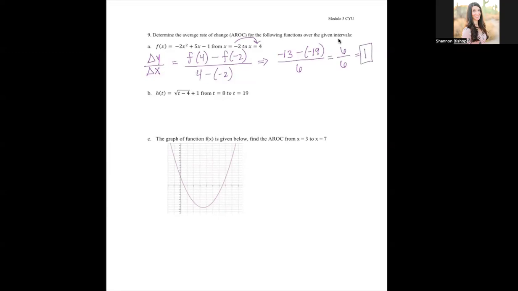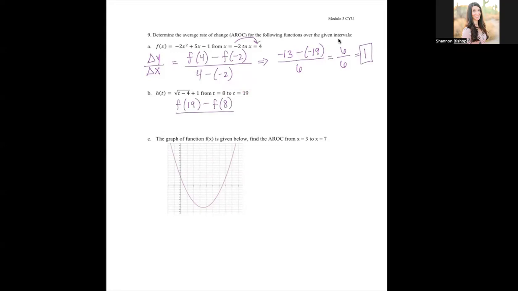For part B, we have a new function. So same thing, I need to figure out the function value, the output value at the ending point, which is 19, minus the function value at the beginning or reference point, which is 8. And again, if you're going from 8 to 19, I know in my brain that's 11 units forward. But technically, how do we get 11 units?